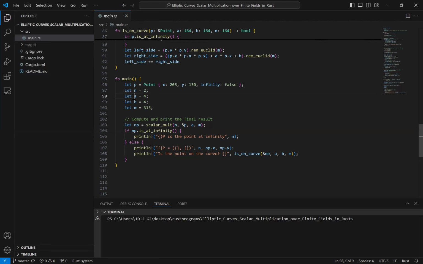Then the point is on the curve. The curve has A is 4 and B is also 4, mod 13. So if I ask it now to give me that, it's supposed to give me 2p.